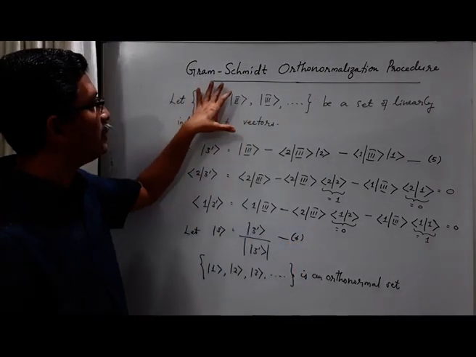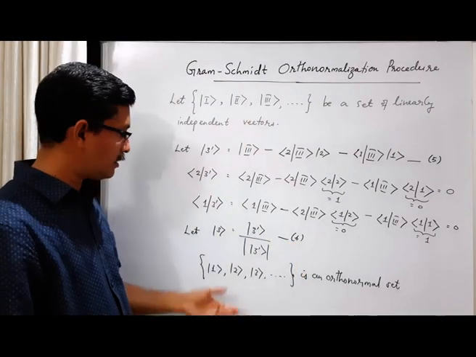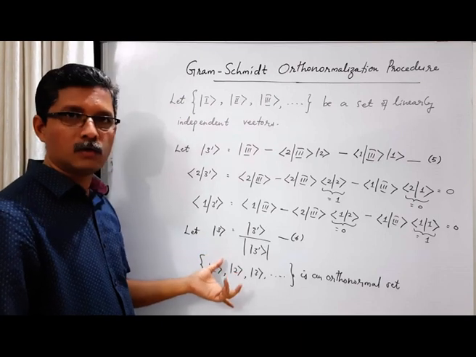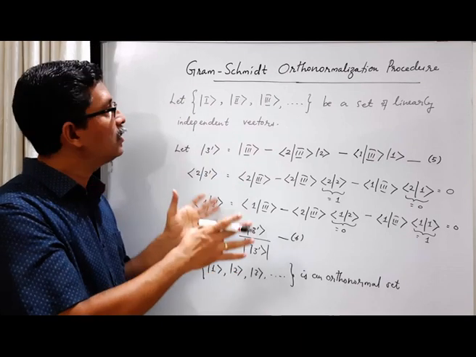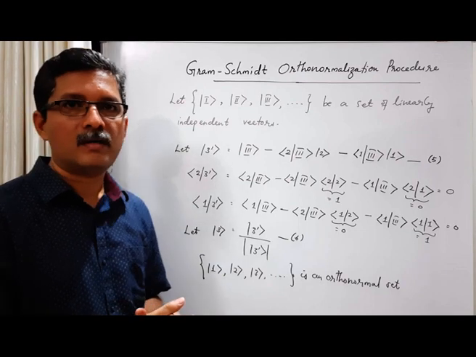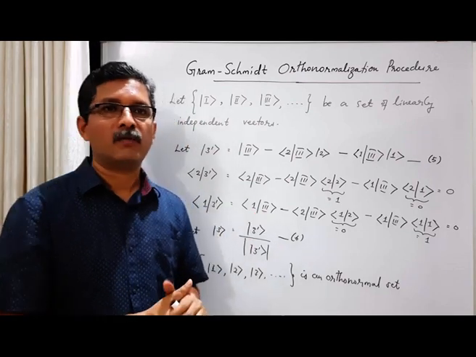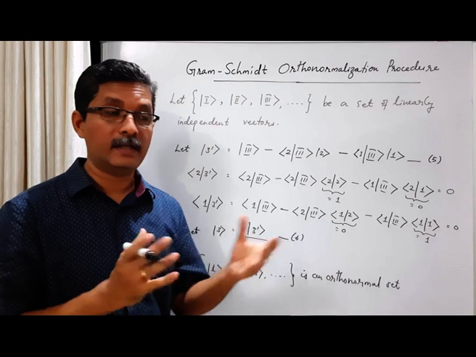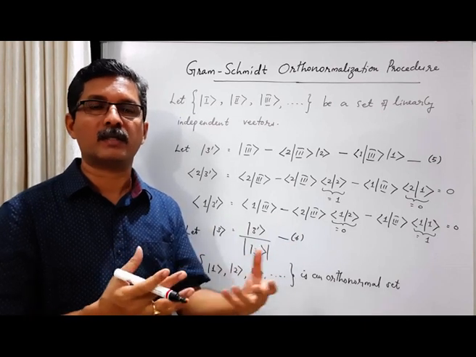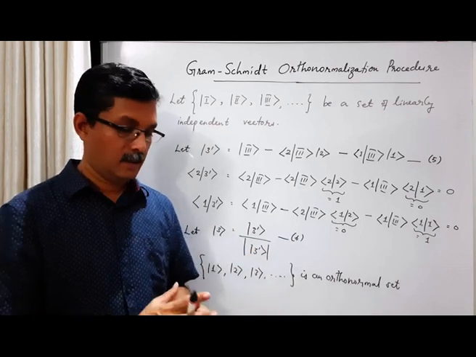So we started with a set of linearly independent vectors and we ended up with an orthonormal set. So this is the Gram-Schmidt orthonormalization procedure or construction. Once we have a set of linearly independent vectors, we can construct an orthonormal set from that.